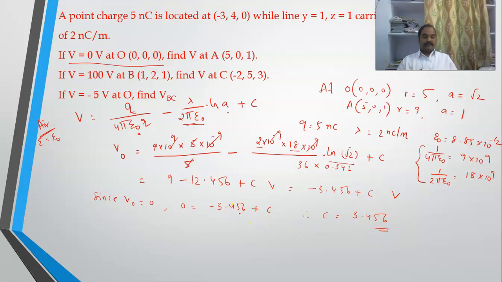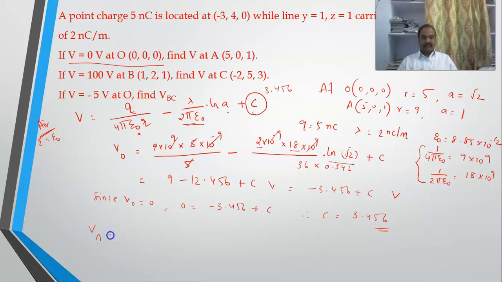I can directly replace the C value here with 3.456. Now I'll determine the voltage at A.